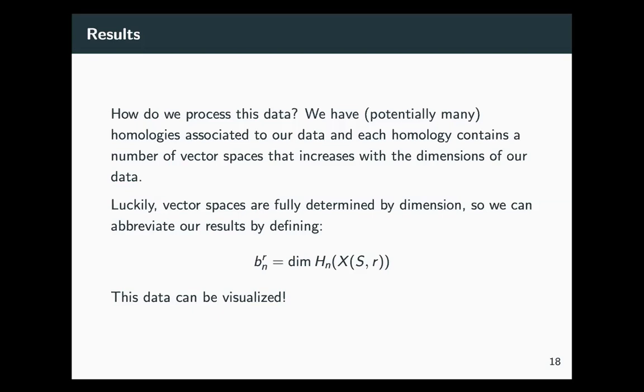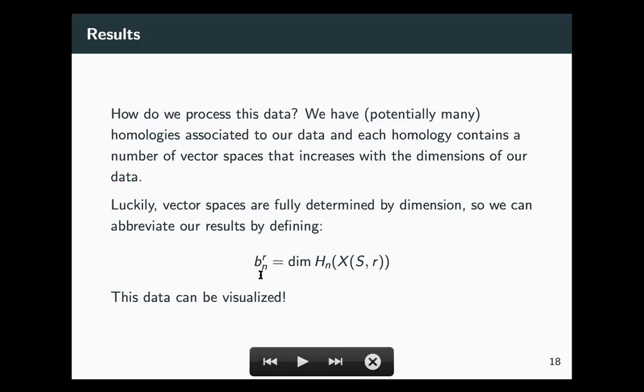I mean, it is technically a finite amount of data. It is technically something that could be used, and actually remembering more about it can be helpful. But we're going to simplify things. Remember that a vector space is fully determined by its dimension, up to isomorphism. So all that we really need to remember is how big the homology vector space is. And that's exactly what we do here.